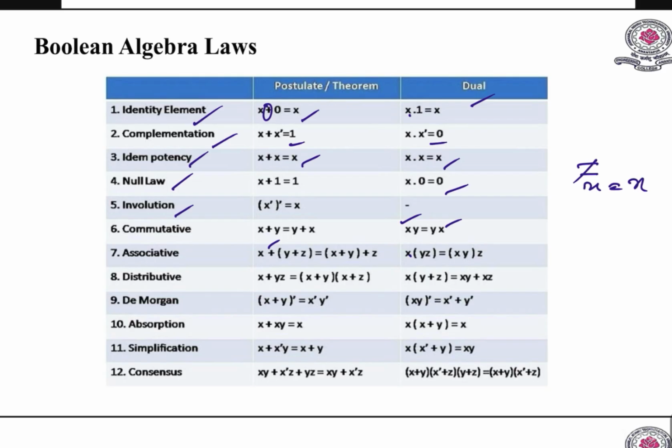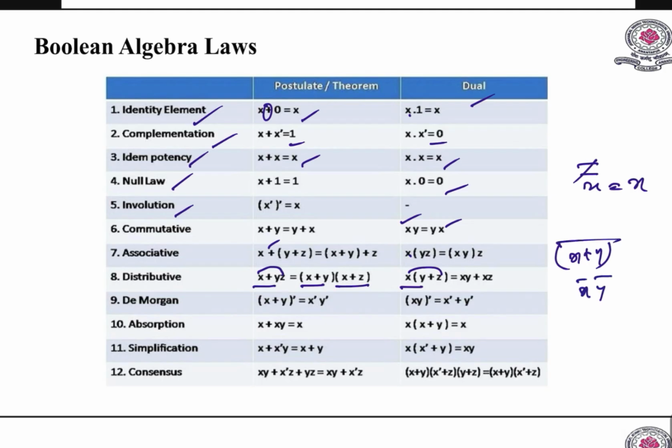And then the distributive law, x + yz is equal to (x + y) · (x + z). So that is a distributive law. Whereas the dual of that one is nothing but this plus sign will be replaced with dot. So that is x · (y + z) = xy + xz. De Morgan's theorem is nothing but (x + y) whole bar is equal to x bar · y bar.